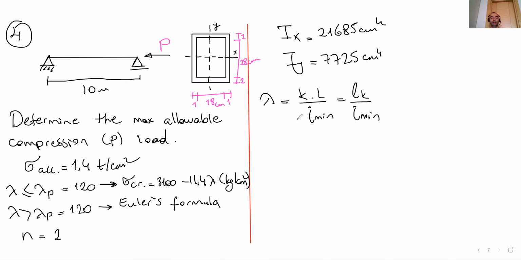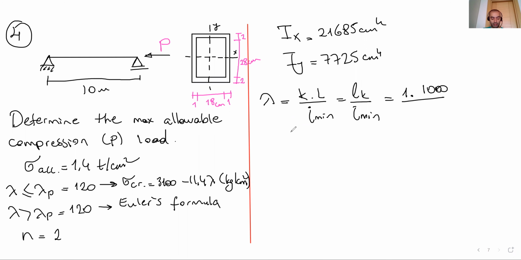So this K here is one. This K is one times 10 meter, converted to centimeter, 10 goes to 1000 centimeter, over i min.